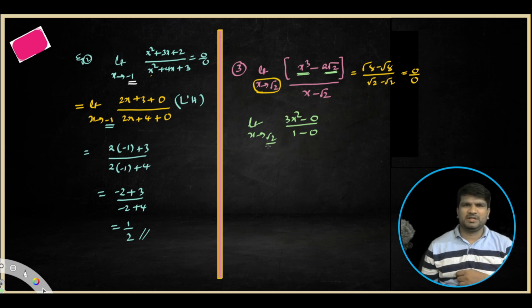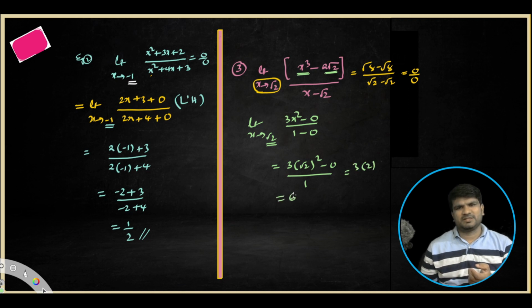Now we put x as root 2 by applying the limit. So this becomes 3 times root 2 square minus 0 divided by 1. Root 2 square is 2, so 3 twos are 6. Therefore the answer is 6.